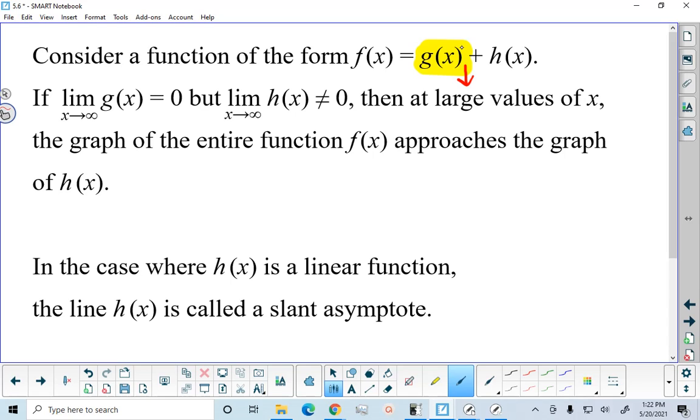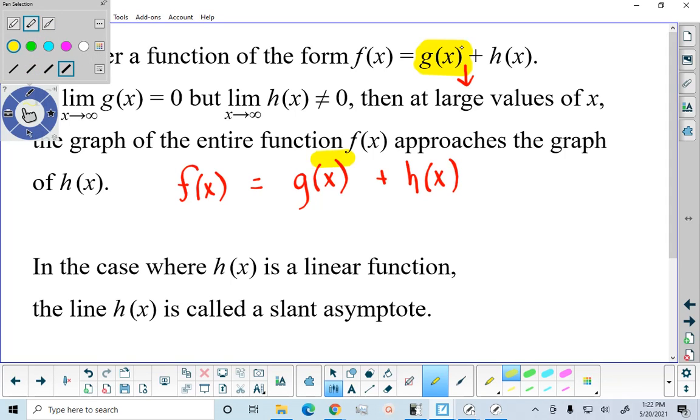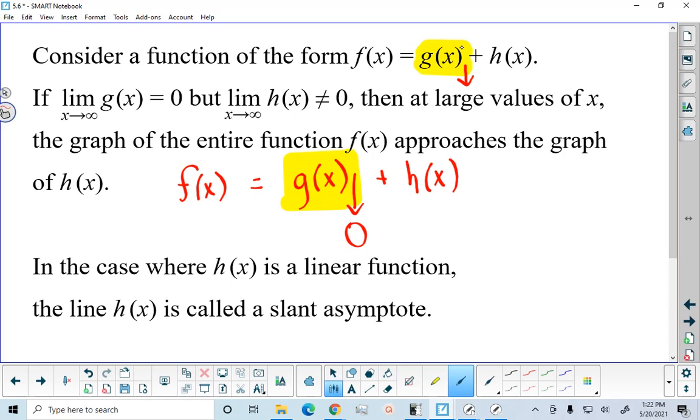It means that at very large values of x, f of x, which is equal to g of x plus h of x, if this is getting smaller and smaller, specifically it's approaching 0, then that means at incredibly large values of x, g of x doesn't play any significant role in f of x.